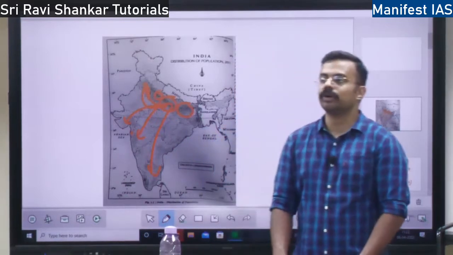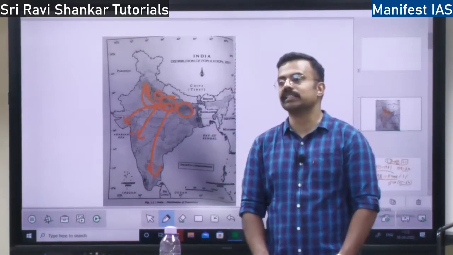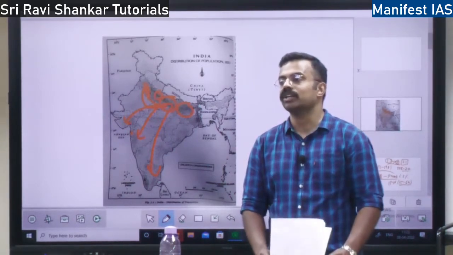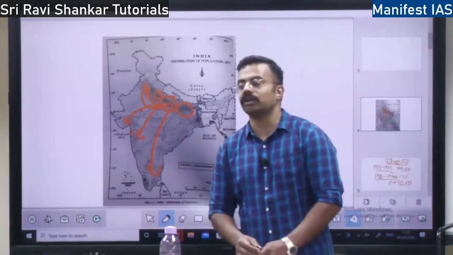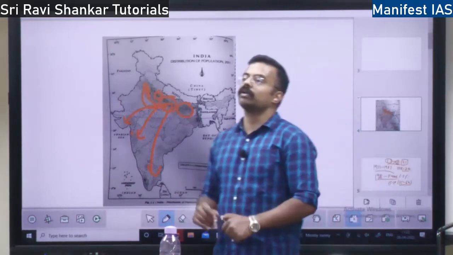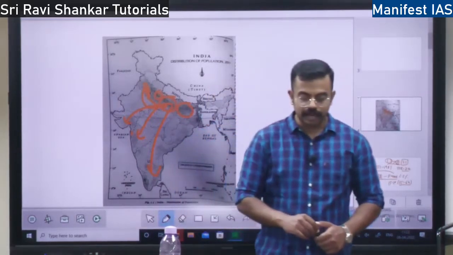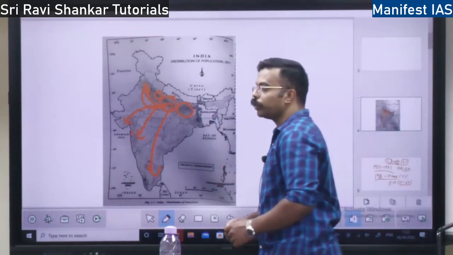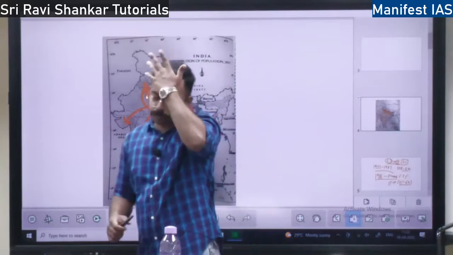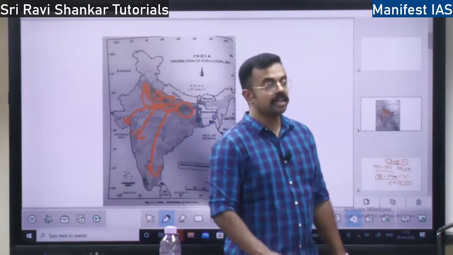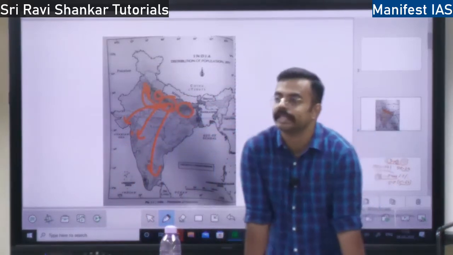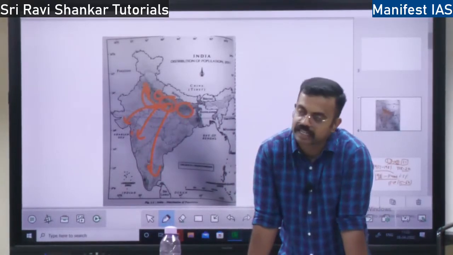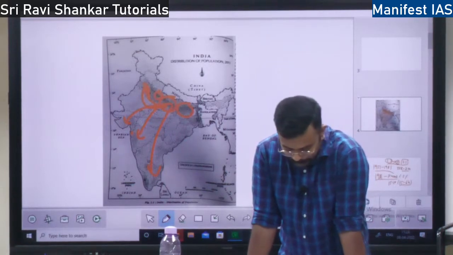Also, more people are working in the agricultural field, because of which the pressure on agricultural land is high. All these factors push people out of rural areas and attract them towards urban areas. So urban areas have a lot of pull factors. Urban areas are pulling the migrants. Why? Because they provide good opportunities, good work, good wages, good facilities, education, health, everything. That is why it is pulling, right?